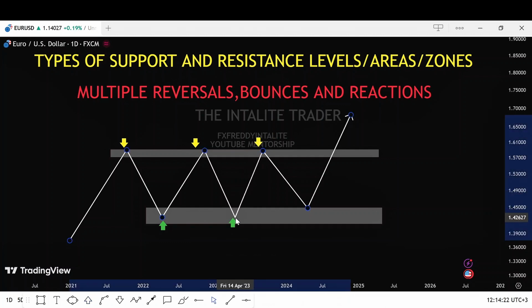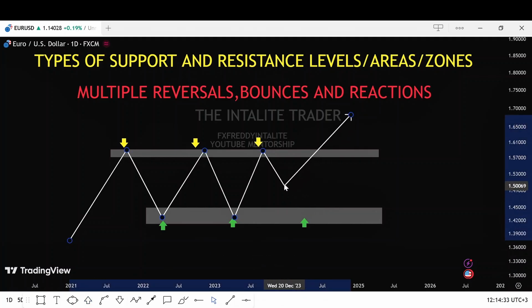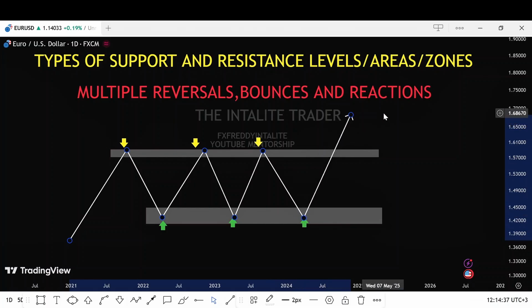See, price comes into this level, sellers close their positions, buyers open new positions. The same thing applies to this. Sellers close their positions, buyers open new positions. So this tells you at these levels, buyers and sellers are taking action.